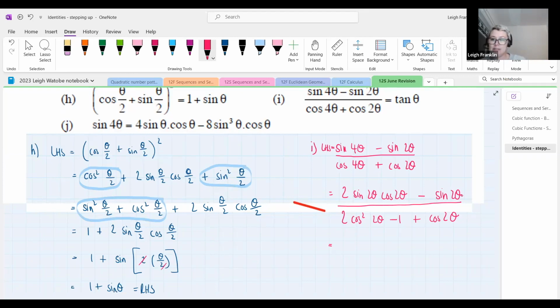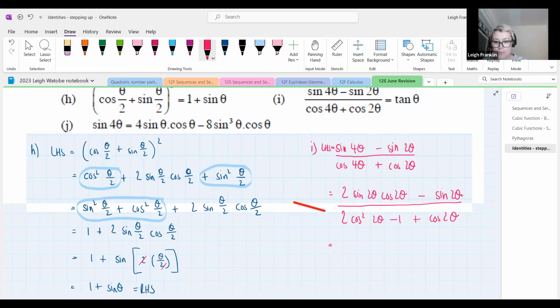Leave it like this, and now you are going to factorize. If you now expand your double angles, you end up with something 10 miles long and it's a total mess and you don't know what to do with it. So don't expand any further.